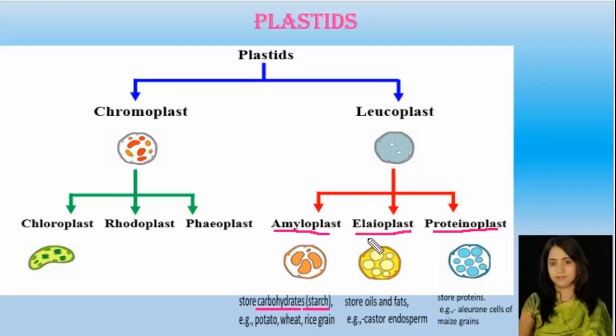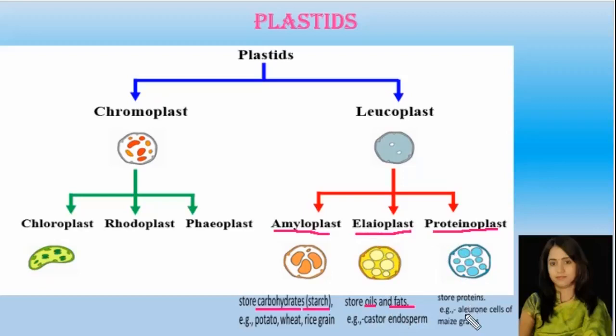Whereas elaioplasts store oils and fats, hence they are present in the castor endosperm. Endosperm is a nutritive tissue which nourishes the developing embryo, and in the castor, even after formation of seeds, the endosperm is retained. In this endosperm, we can find elaioplasts.